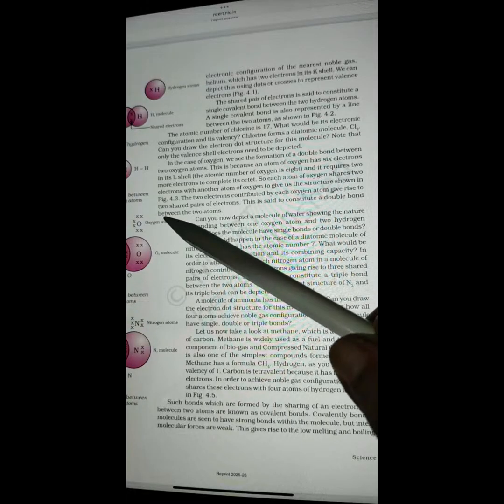The 2 electrons contributed by each oxygen atom give rise to two shared pairs of electrons. This is said to constitute a double bond between the two atoms. Can you now depict a molecule of water showing the nature of bonding between one oxygen atom and two hydrogen atoms? Does the molecule have single bonds or double bonds?